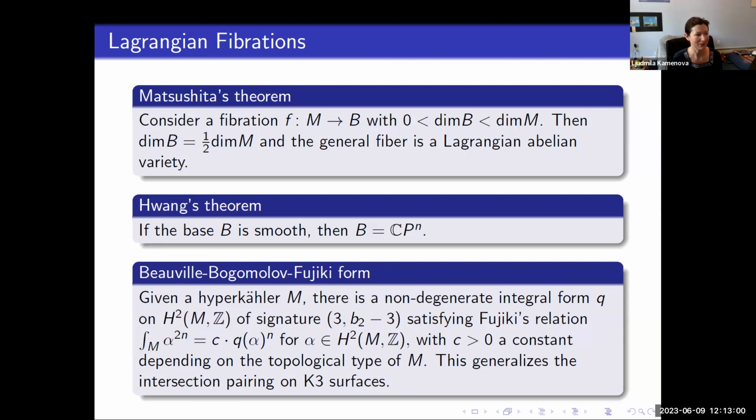So he thought that the only hyperkähler manifolds are K3 surfaces. And basically his argument was something like, well, they satisfy such a nice relation, so this cannot possibly be true. But this is indeed true. We have higher dimensional hyperkähler examples, and they do satisfy this relation.